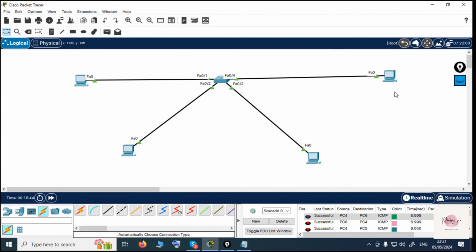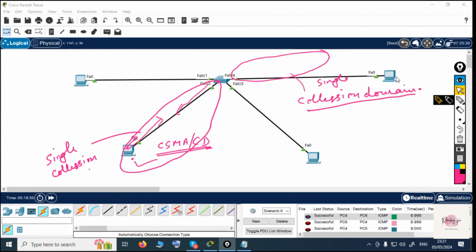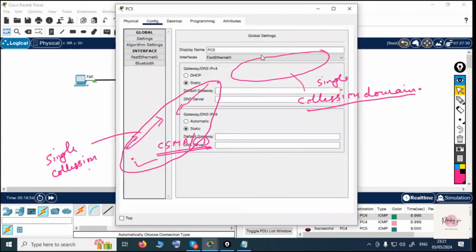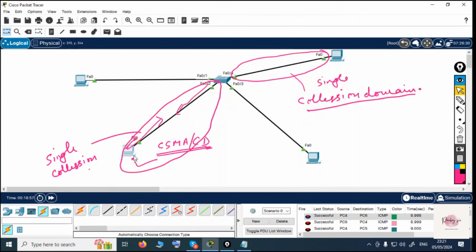Yes, now see. So this media has become a single collision domain, this media has also become a single collision domain, and here also it has become a single collision domain.